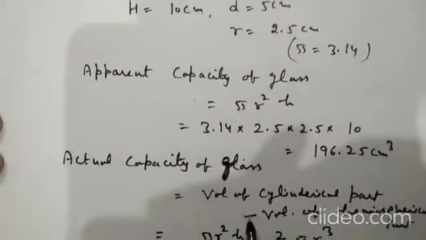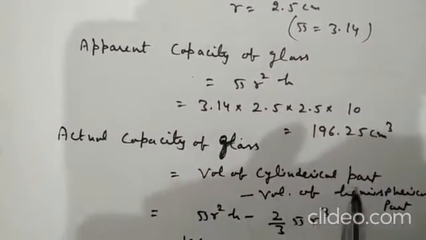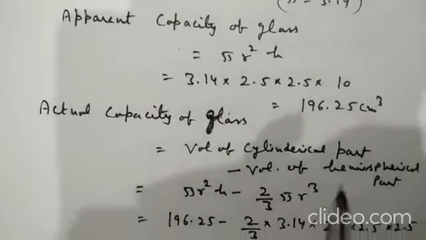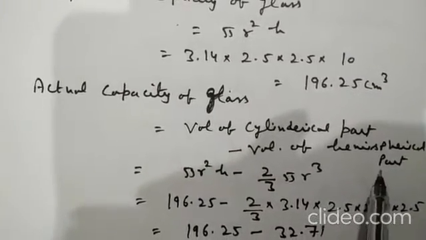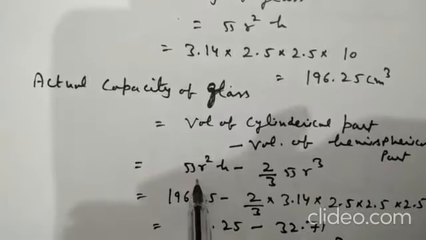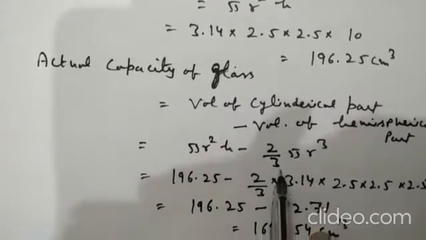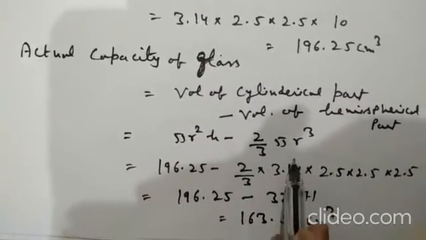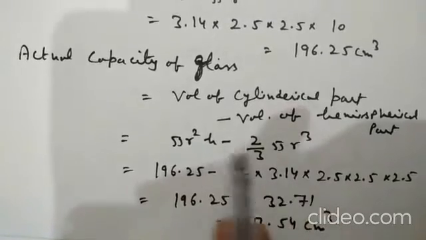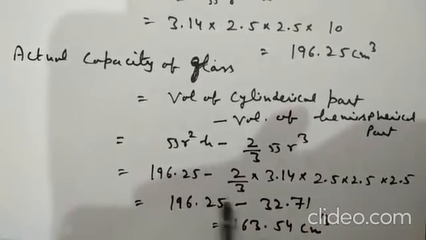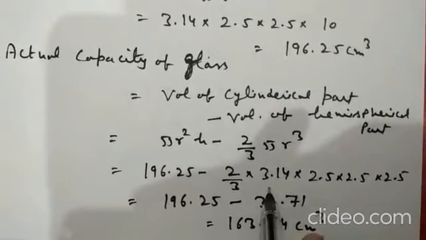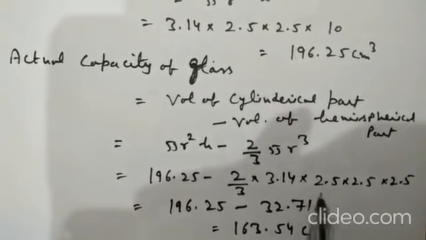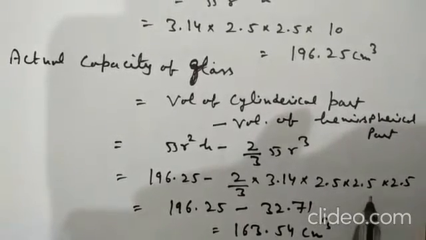So actual capacity of glass is volume of cylindrical part minus volume of hemispherical part. Volume of cylindrical part pi r square h and hemisphere is 2 by 3 pi r cube. Pi r square h is 196.25 minus 2 by 3, pi 3.14 and radius is 2.5.